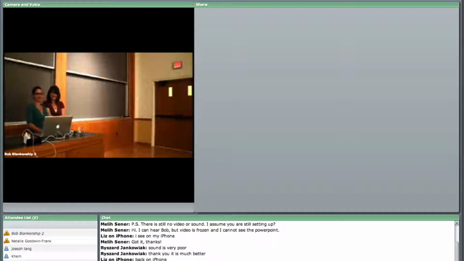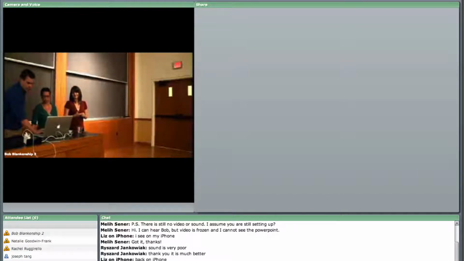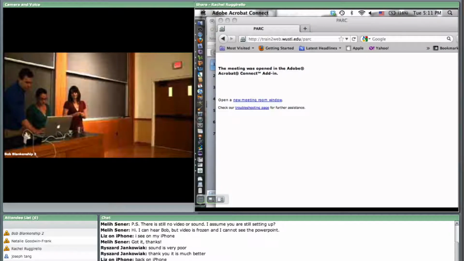Also full screen. What mic do you want Rachel to use, Dan? It doesn't really matter. This works fine, and that's how I'm getting it into Adobe Connect. I can talk loudly.